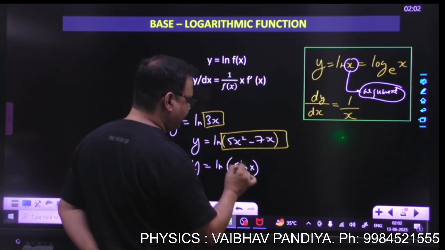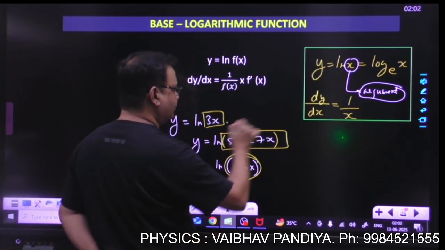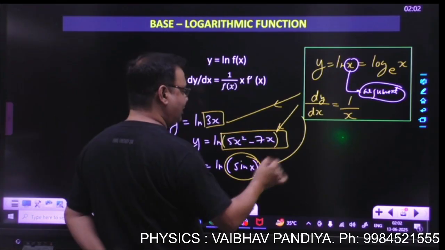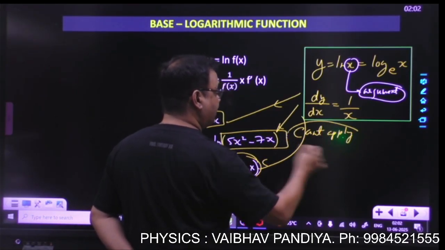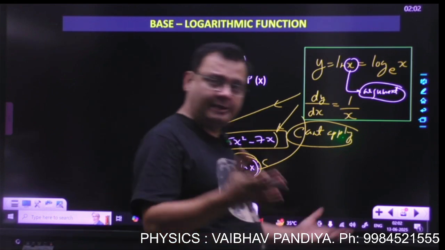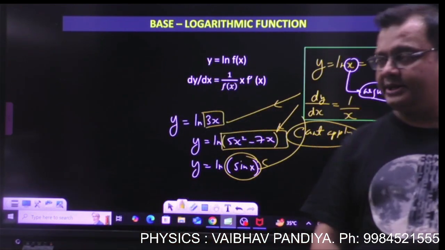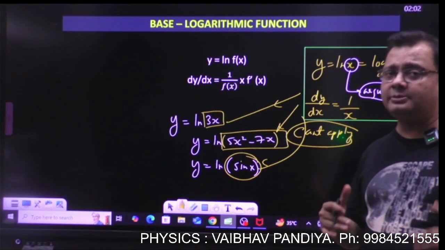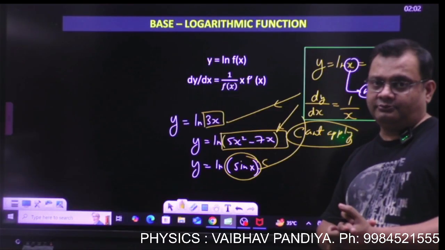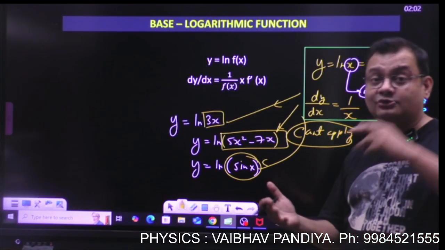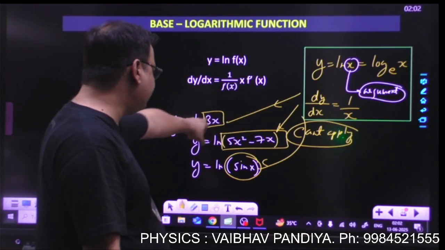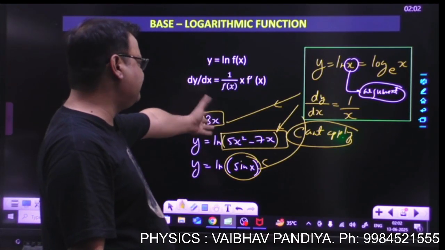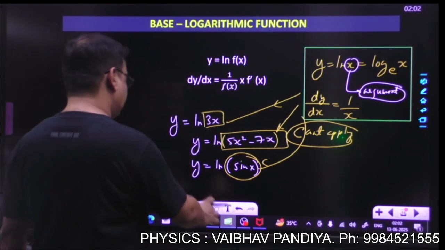Here the argument is not x but sin x. So here we cannot apply this standard formula. We have to apply what? The chain rule. Okay? Because remember, the chain rule will be called upon when we have an argument which is not matching the model of the standard formula. Had the argument been x, simply we would write 1 by x.